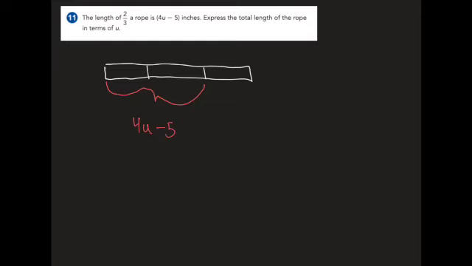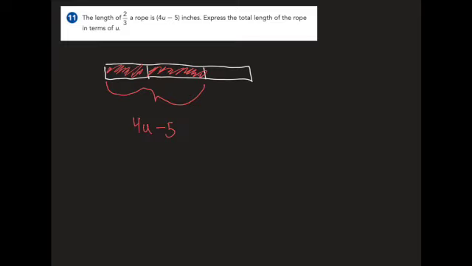Now, when I broke up this rope into 3 separate pieces, they were 3 equal pieces, right? A third, and a third to make 3/3, which is 1 whole rope. The 4u minus 5, this expression represents this piece and this piece right here. And when I look at both of those pieces, I know that they are equal to each other.